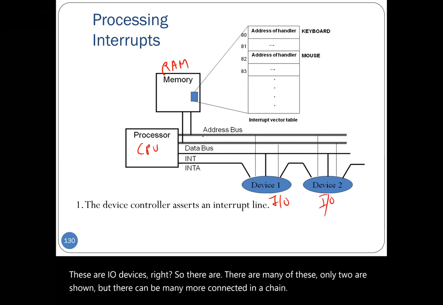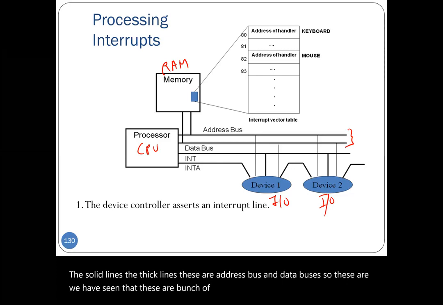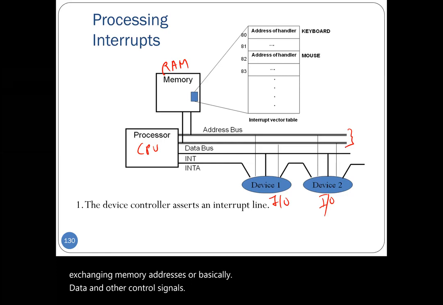These solid, thick lines are the address bus and data buses. We have seen that these are a bunch of parallel electrical wires which are used for exchanging memory addresses, data and other control signals. In addition to this, we have two other lines that we talked about. This is the interrupt line.